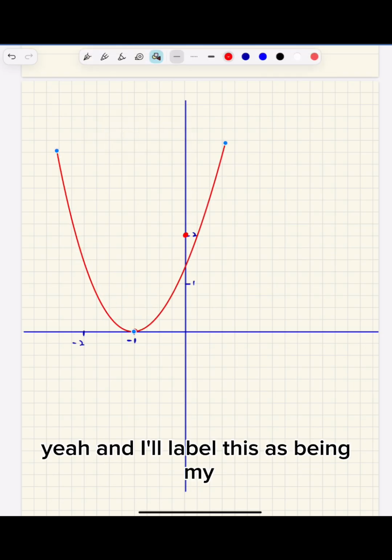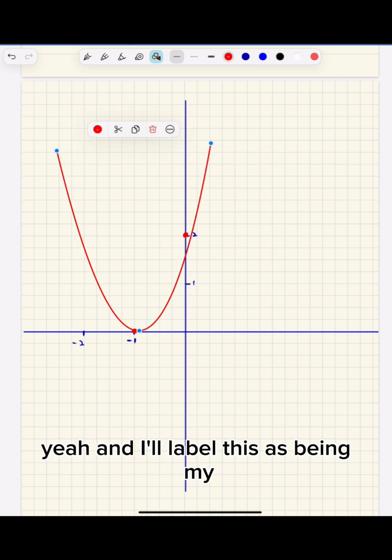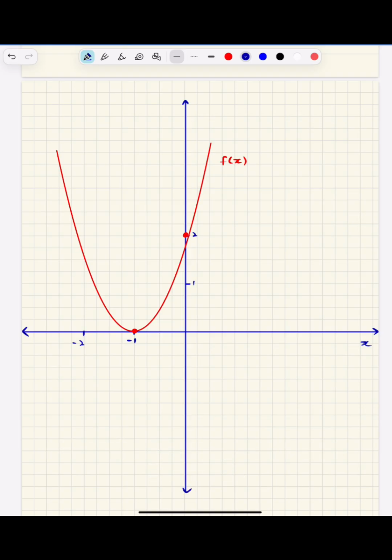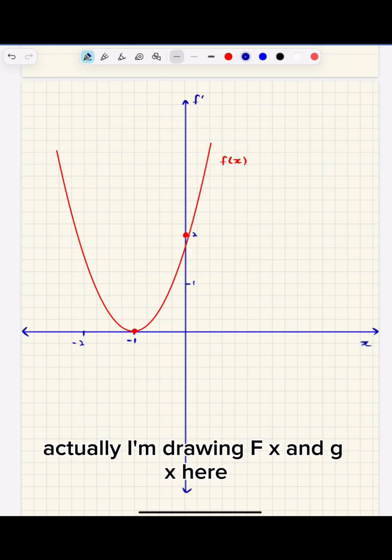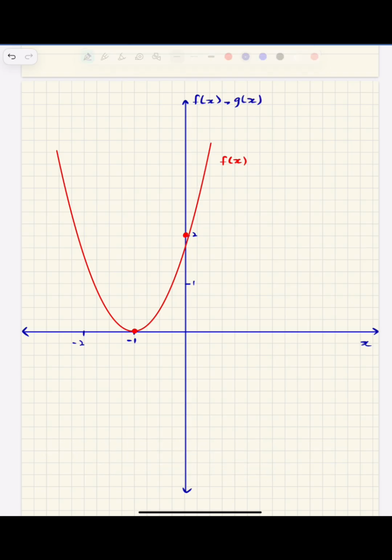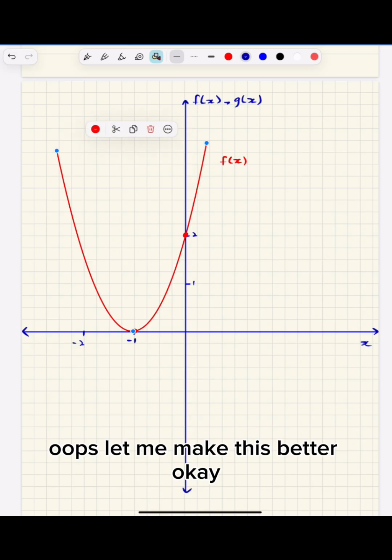I'll label this as my function f(x). Actually, I'm drawing f(x) and g(x) here, so the vertical axis represents these two functions. Oops, let me make this better.